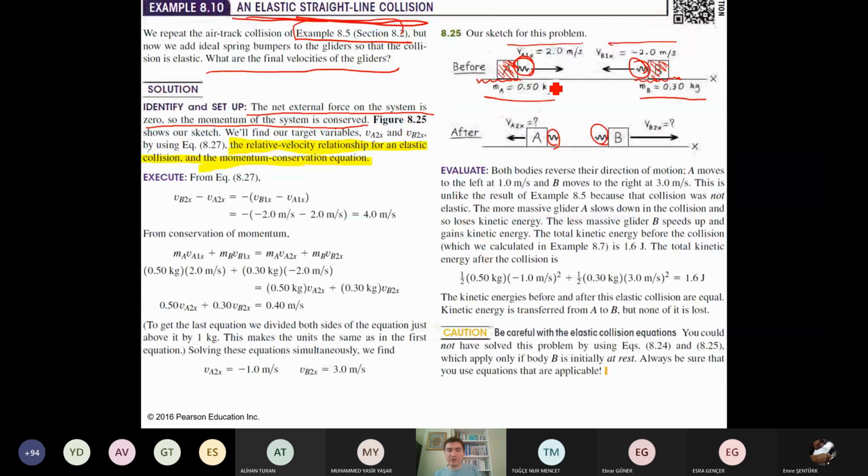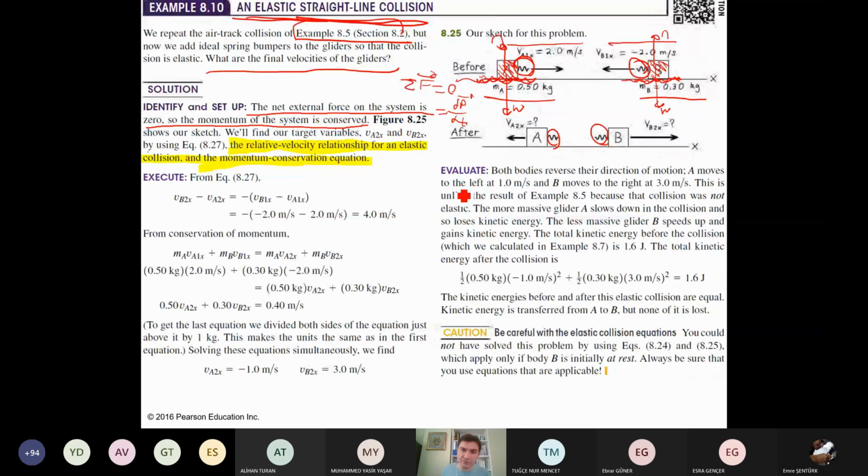There is normal force, but the net force along the y is 0. Again here, net force along the y is 0. And there is no friction on the surface. So there is no net force along the x-axis. So then the net external force acting on this system is 0. Then momentum is conserved. Don't forget this information.